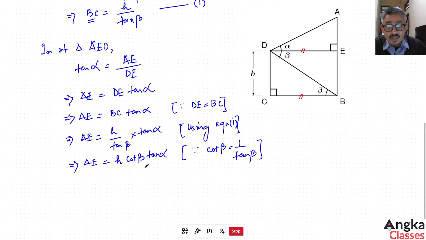So AE is equal to h cot beta into tan alpha.